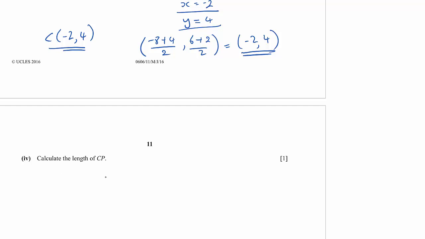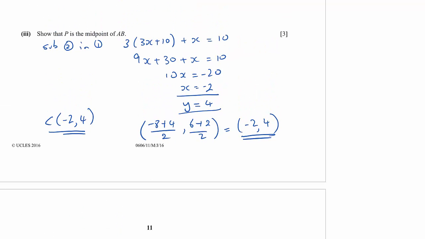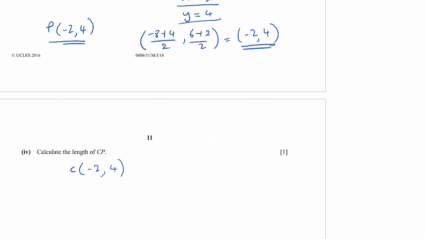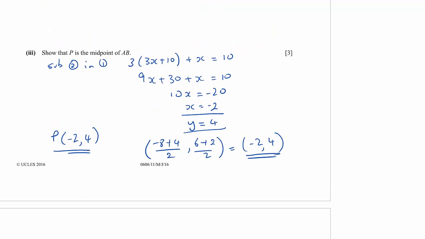And then we want to calculate the length of CP. Well, C was -2, 4. Sorry, this is P, not C. So P is -2, 4. And C we were given back at the beginning.